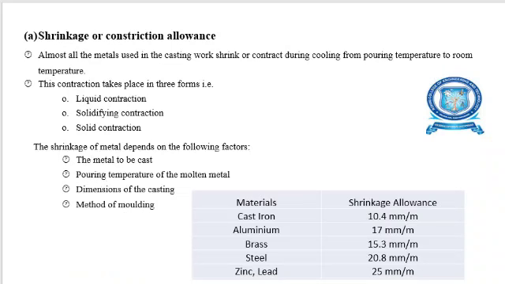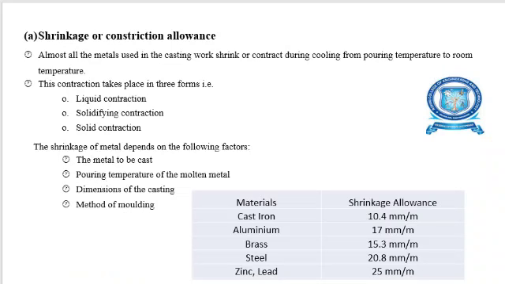This shrinkage takes place in three forms: liquid contraction, solidifying contraction, solid contraction. The shrinkage of metal depends on the following factors: the metal to be cast, pouring temperature of the molten metal, dimension of the casting, method of molding.